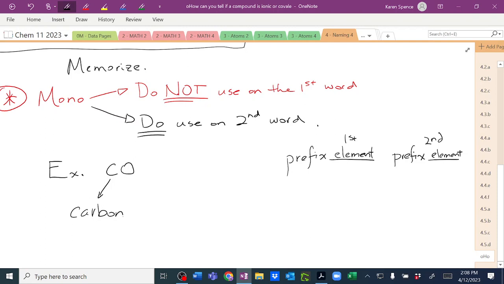And for the second element, we do use it on the second element. So because we have one of them, rewrite, monoxide.